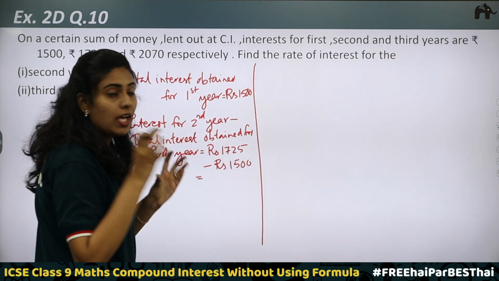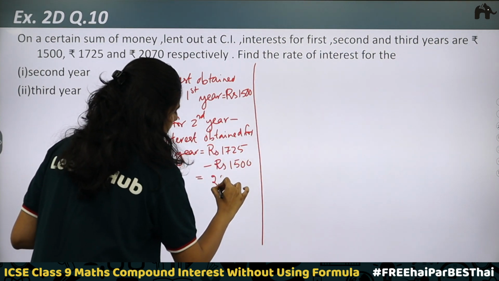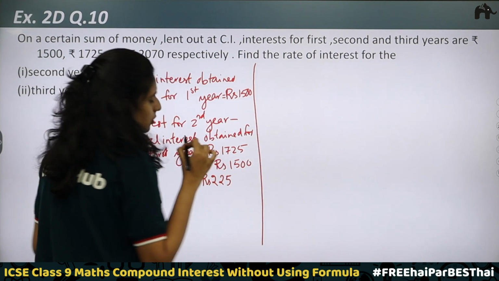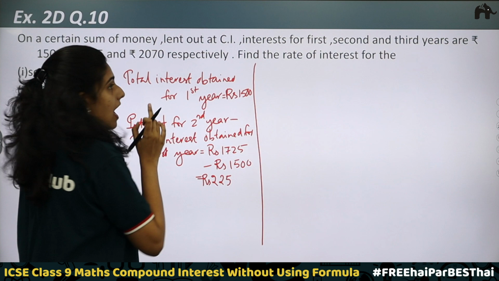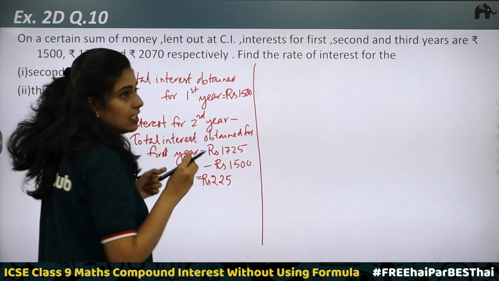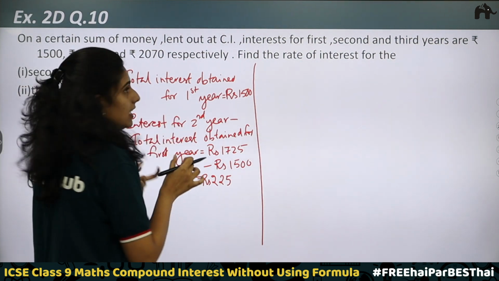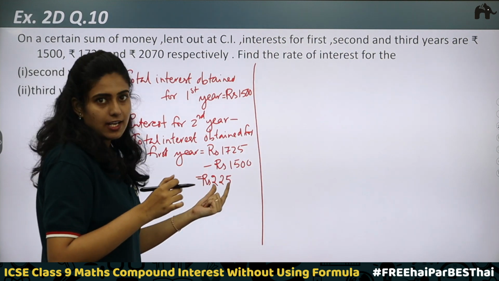So this will give you the interest amount, which is rupees 225. We need to find the rate of interest for second year and the rate of interest for third year. So the interest amount for second year is equal to 225.